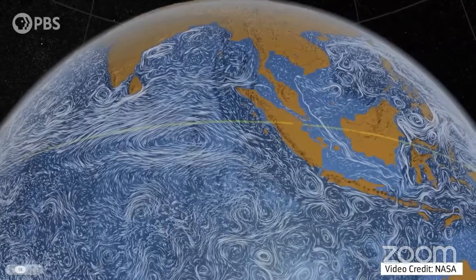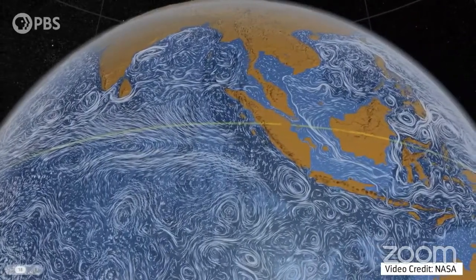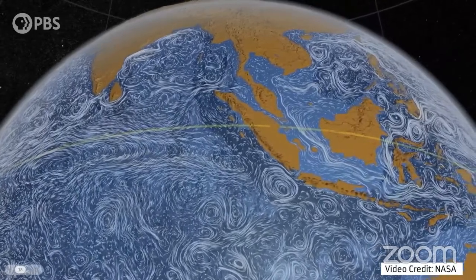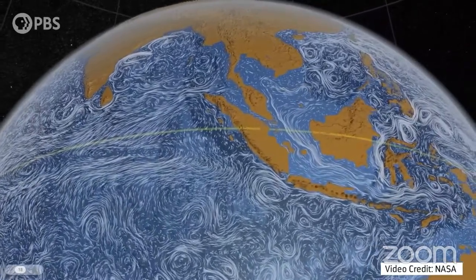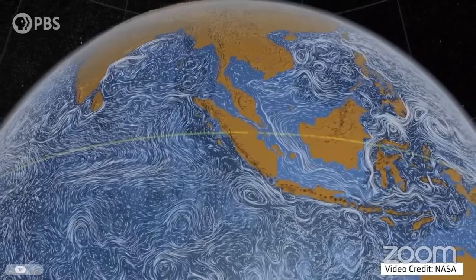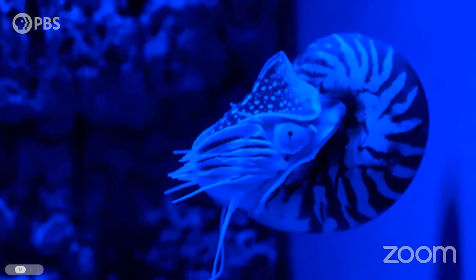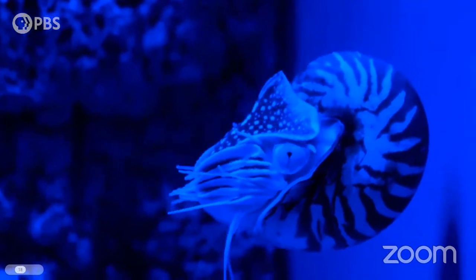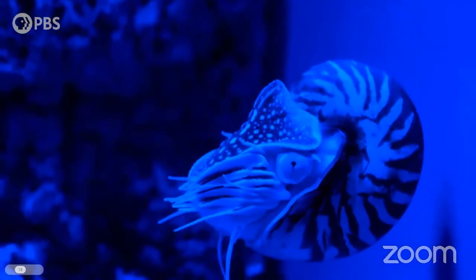Since at least 1979, the leading assumption has been that it was probably some complex interplay of changing ocean circulation and temperature shifts over time. But in 2019, a group of researchers began to wonder if it could be something much simpler, maybe even as simple as a new group of predators that the nautiluses just couldn't deal with.